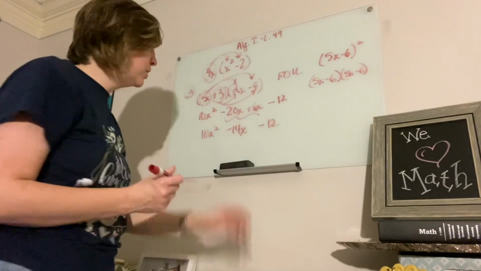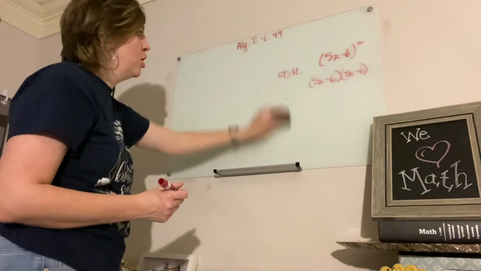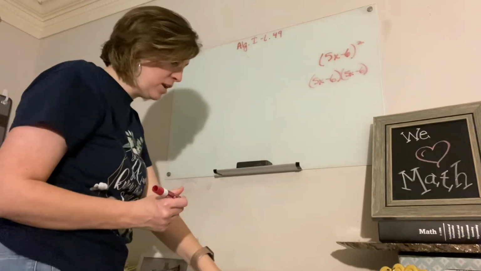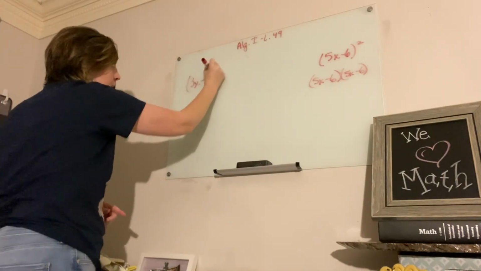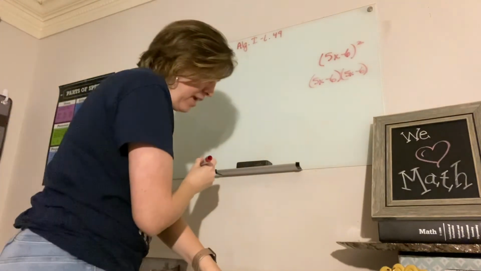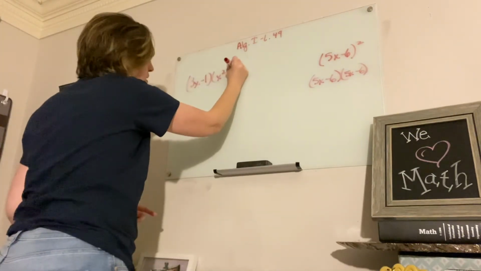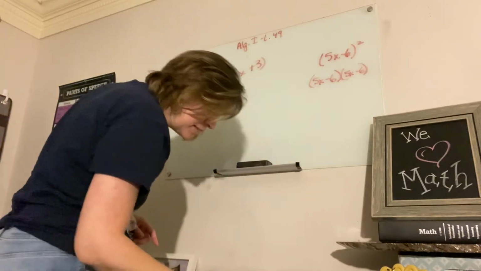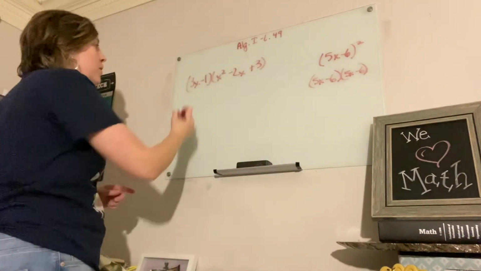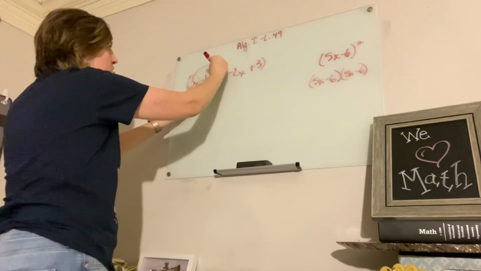Now the last one that we're looking at is letter C. And this is a binomial times a trinomial. So I've got 3x minus 1, and then I have x squared minus 2x plus 3. Let me verify my signs there. All right. So before we distributed this to just the first two.